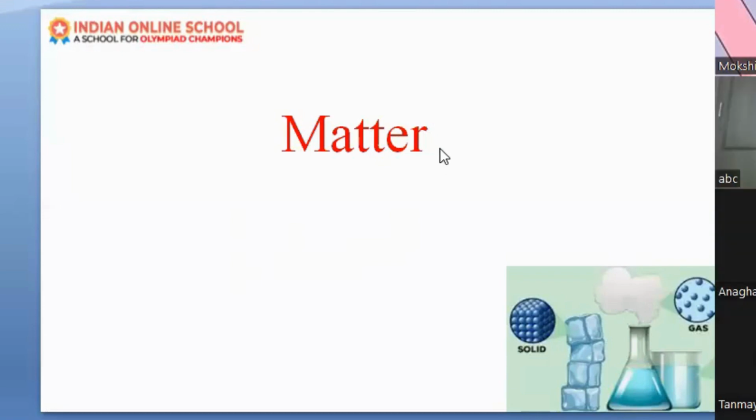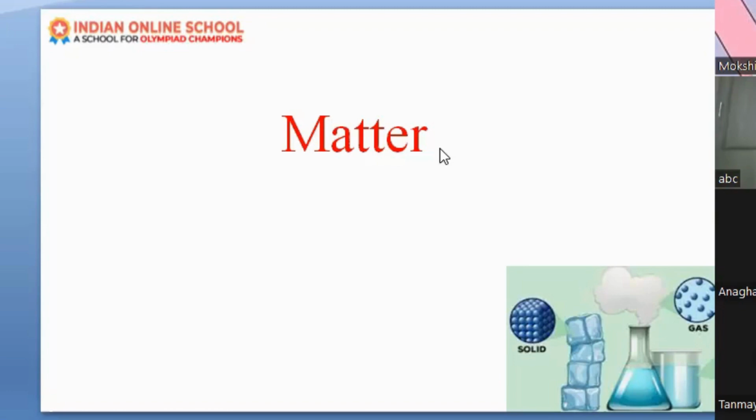Today we are going to talk about a very interesting topic, that is matter, as you can see on the slide. Just forget about the theoretical science of what matter is. I just want to make you understand one thing. If you see around in your room, can you see so many matters around? So in order to remember matter, you just need to remember two things.